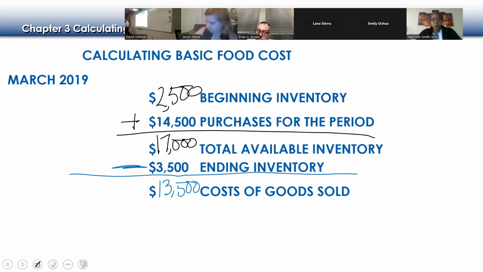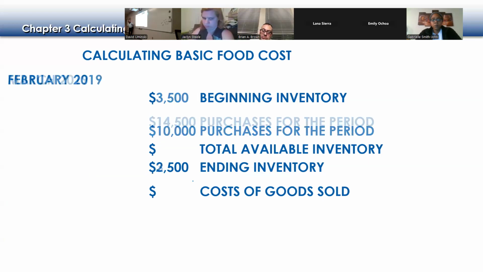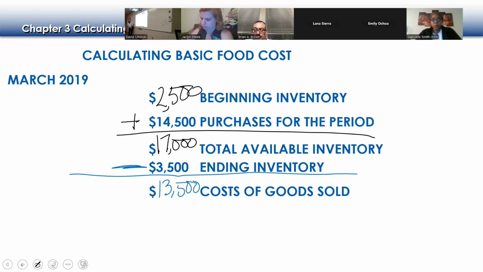See how that works? Our cost of goods sold, this is the cost of the goods that we sold, is $13,500 for March. February was 11,000. March is 13,500. Why might we spend more money in March than in February? To make more sales.